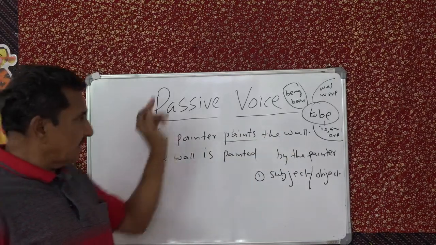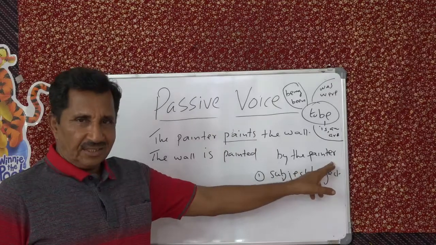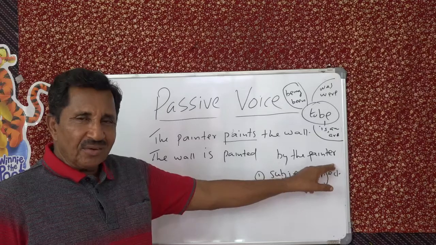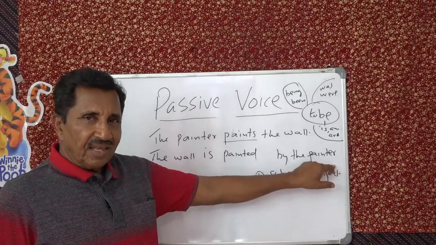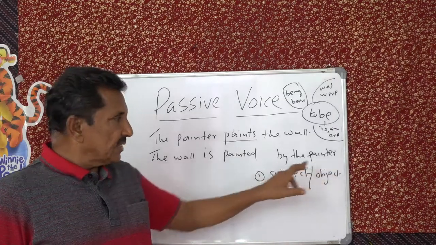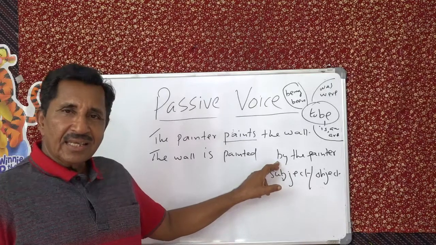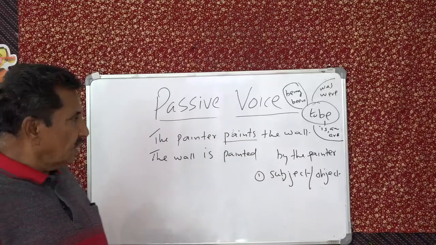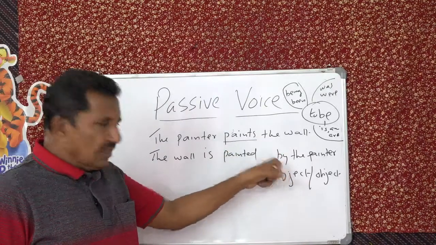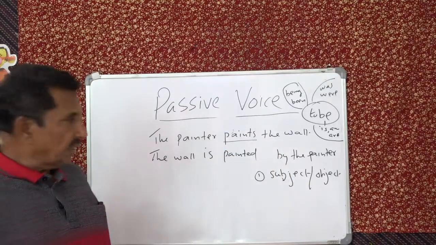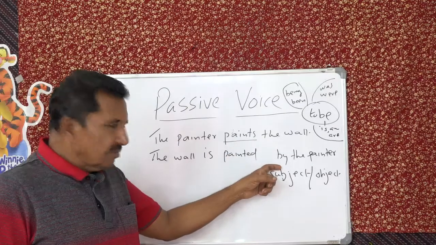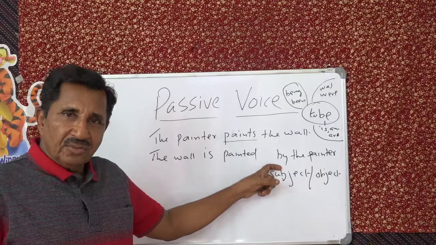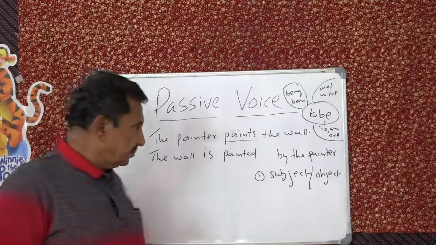Here is the subject, but here is the object. Not object, agent. You don't say object, but agent. But agent is always preceded by the preposition by. So you have to insert it there. You don't find it here, so you insert it. Some new element has come in here. So that is your by agent.